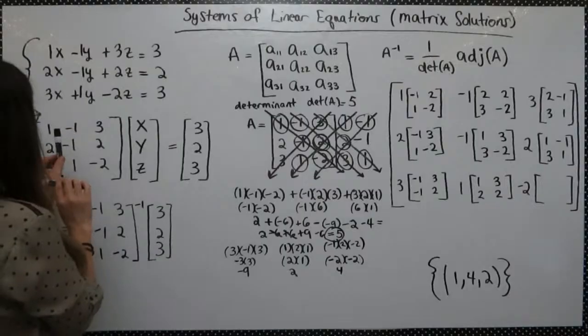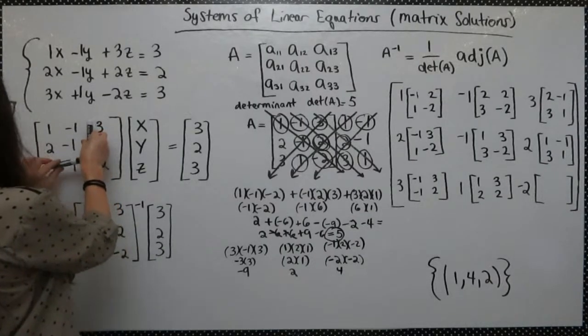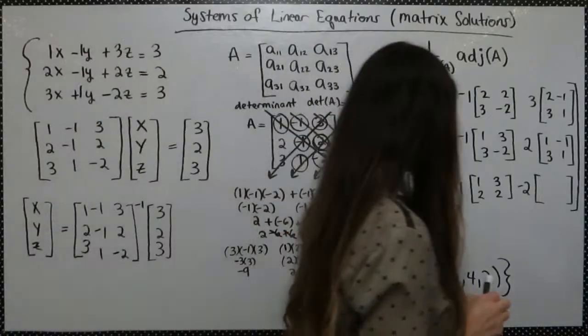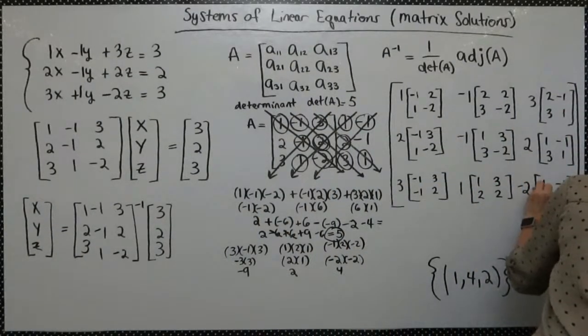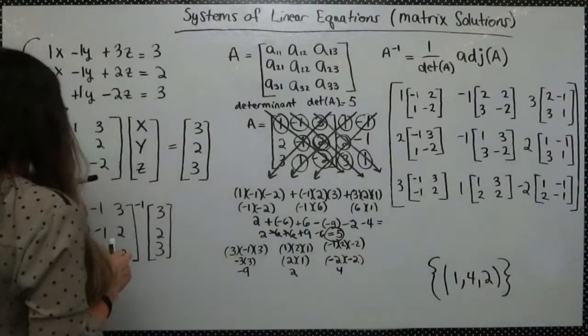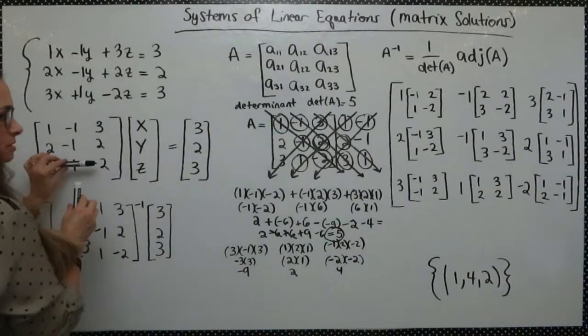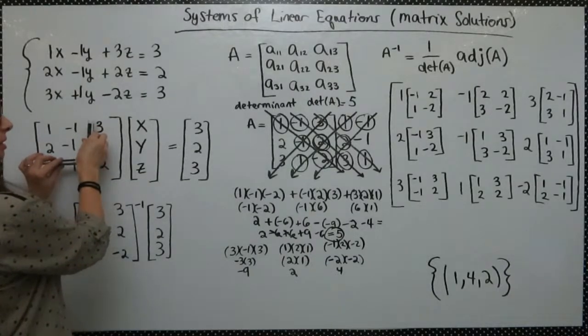So kind of a painstaking process. We've got 1, -1, 2, -1. Let me make sure I did that one correctly. I'm just double checking because, right, 1, -1, 2, perfect.